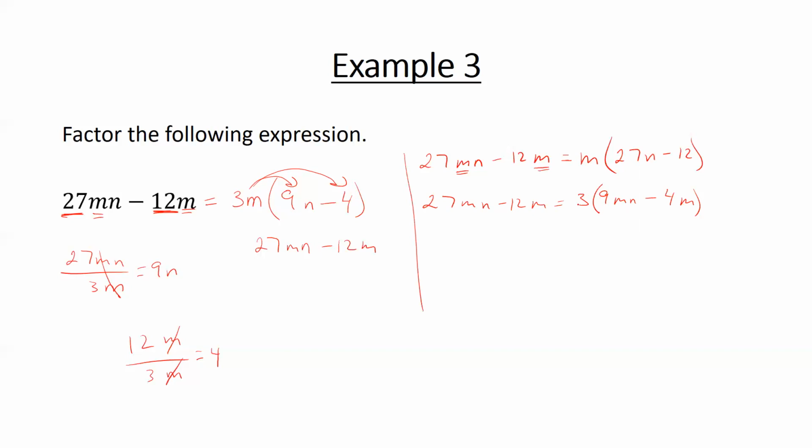You definitely factored correctly because 3 times 9mn is 27mn, and 3 times 4m is 12m. But you didn't factor completely because in your parentheses, there's also a common factor of m, so you could go further. So it's very important when you finish the problem to give it a quick check to see, did you factor? Is it correct? And did you factor completely?